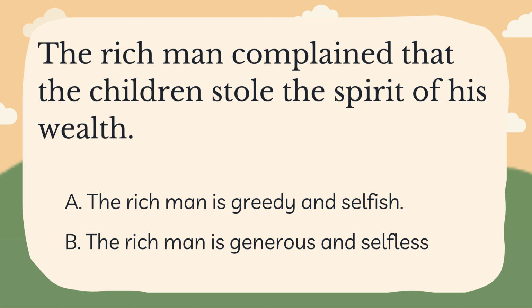Okay, you're correct. The answer is A. The rich man is greedy and selfish. Why? Because instead of being happy for the children, he feels like something was taken away from him. That shows he is not generous but selfish.